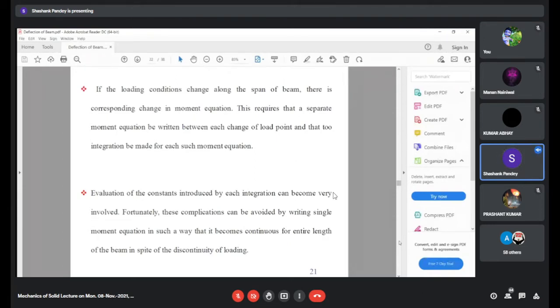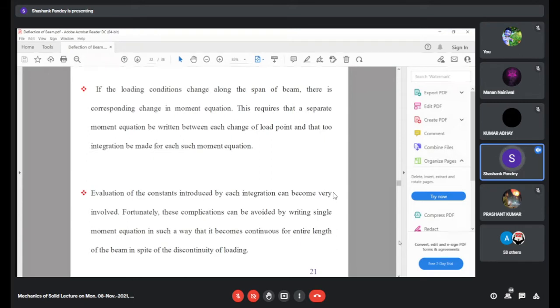Same is this method, and we know that if we know the value of moment, then by double integrating that moment, we can get the value of deflection, that is, displacement in the vertical direction.